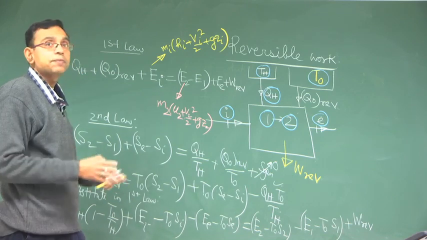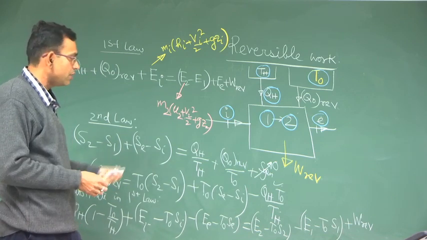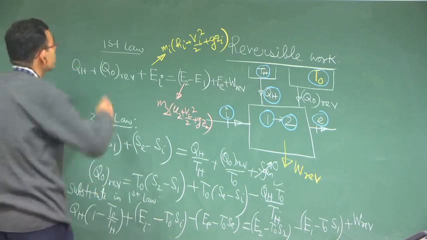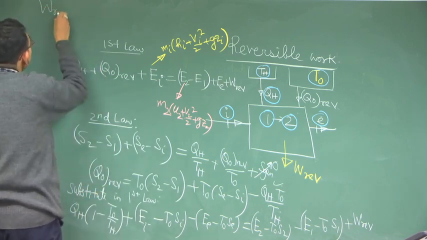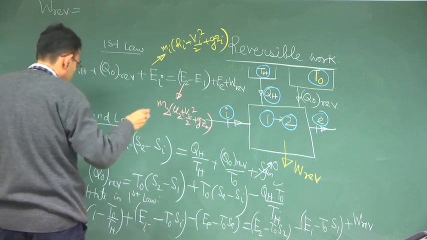So, I will try to explain this equation physically. So, you will get an expression for reversible work. So, if you are interested in that expression, we will isolate all the terms.